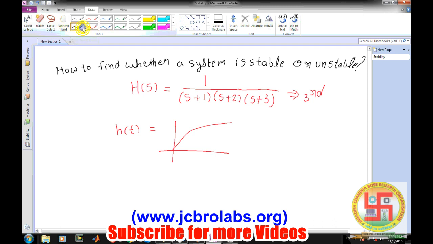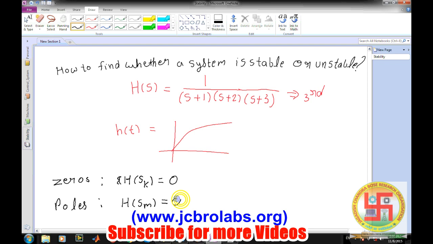Prior to that, there are two things: zeros of the transfer function and poles. Zeros are the points where H of s becomes 0, and poles are the points where the transfer function becomes infinity. That means poles are those points where the transfer function is not defined. Let's try to find the poles and zeros of this H of s.